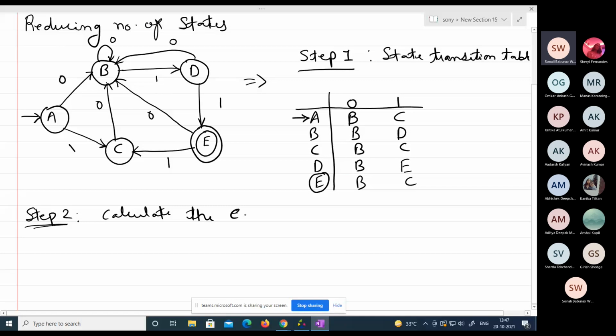Step number 2 is you have to calculate the equivalence. Let's start with zero equivalence. First, I will compute this zero equivalence.